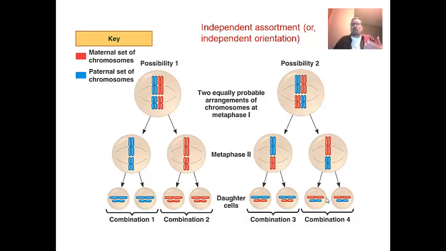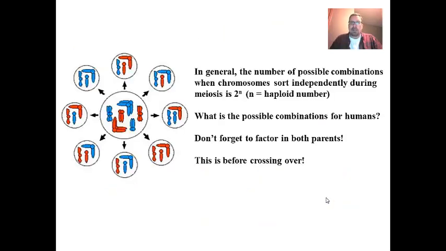Okay, that's independent assortment. How the homologs of chromosome 1 line up, mom, dad, is completely different than how the homologs for 2 or 3 or more line up. So in general, what are the combinations of those different chromosomes lining up independently, mom on one side, dad on the other, or whatever it is?